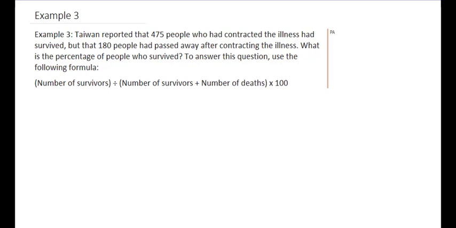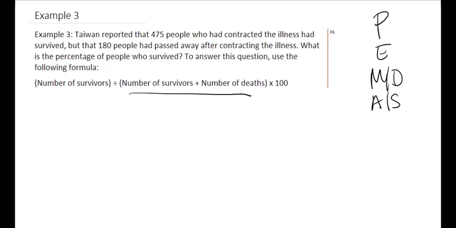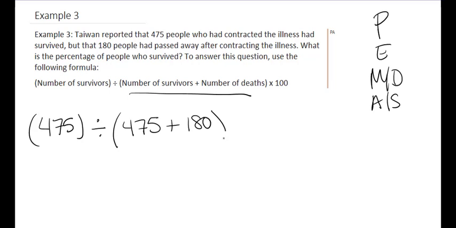So remember our order of operations: parentheses, exponents, multiply, divide, add, and subtract. So first we look at P for parentheses, which is right here. So let's write this all out. So we have 475 divided by (475 plus 180) times 100.